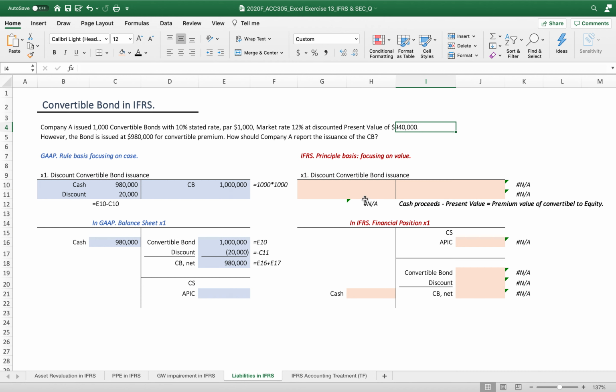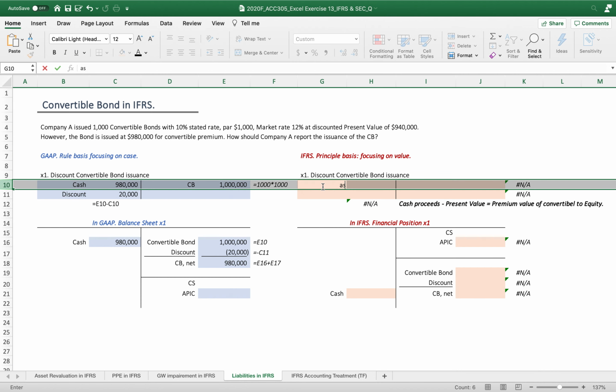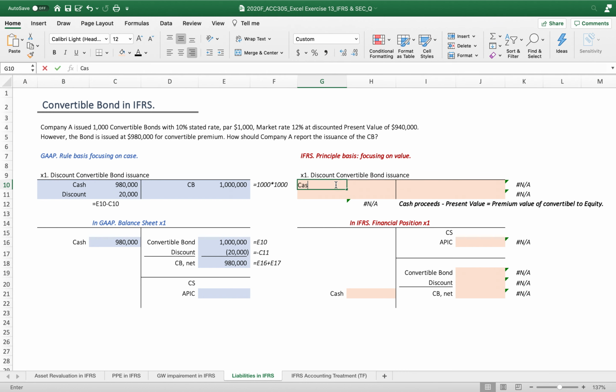So how do we generalize? We put the cash first, which is the same as the cash proceed when the company issued. Then convertible bond is always the par value, 1,000 times $1,000 per one bond.